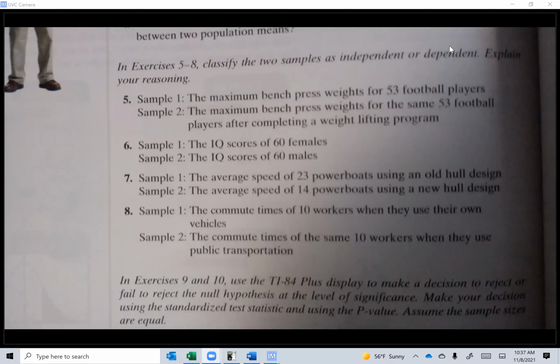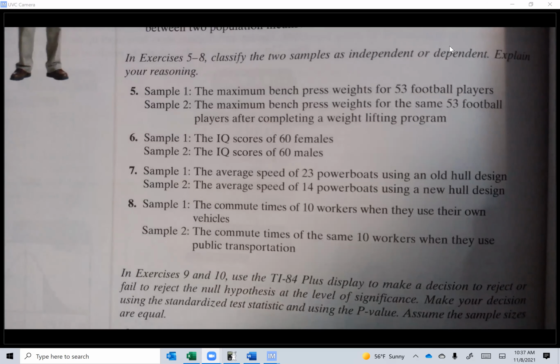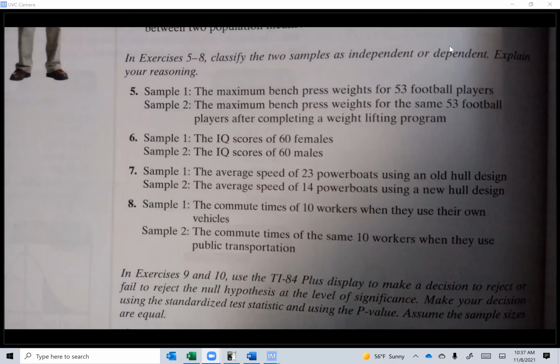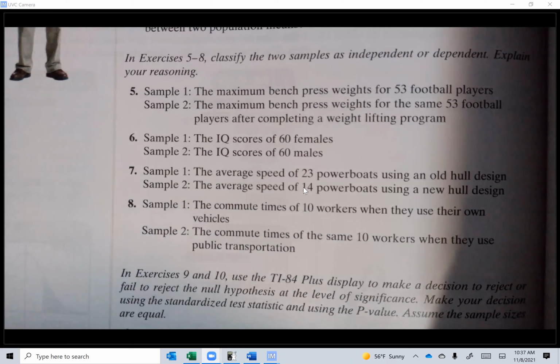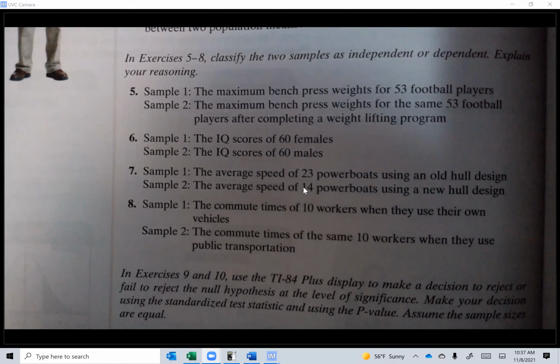7. The average speed of 23 power boats using an old hull design. The average speed of 14 power boats using a new hull design. What do you guys think? Is it independent? 100%. If the numbers don't match here, guys, 23 and 14, it's 100% sure it can't be dependent.